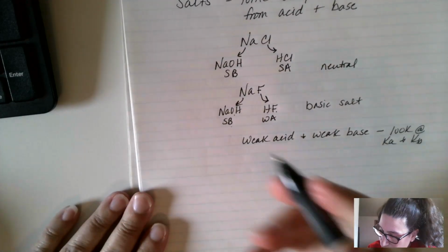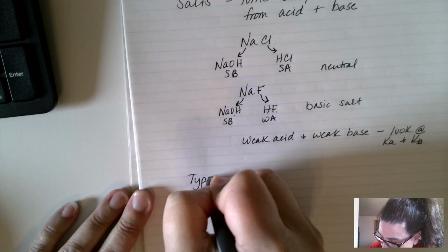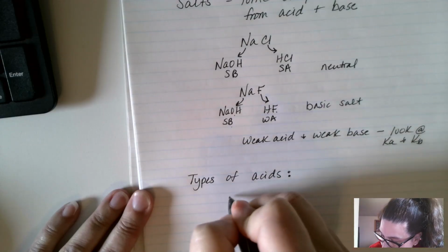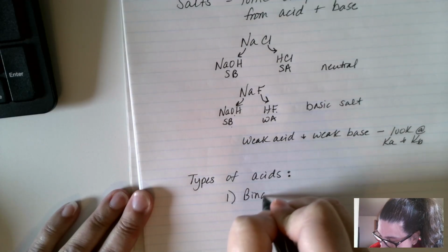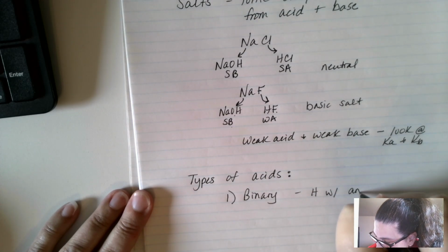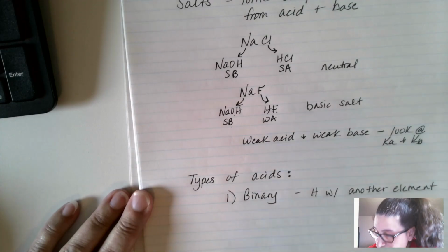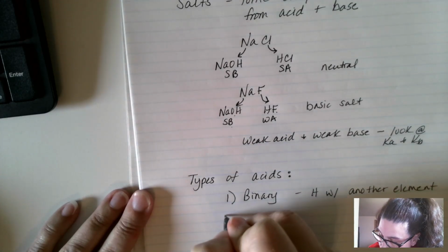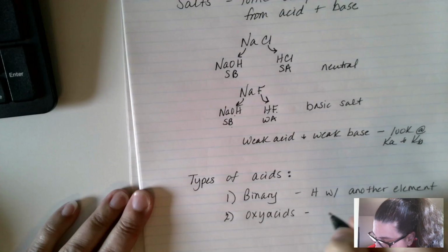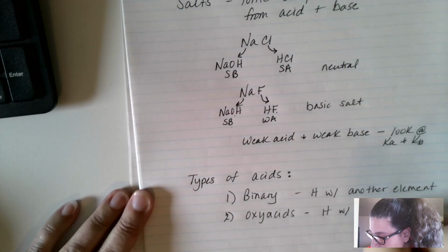Okay, then we're going to take a look at acid strength. We're going to look at different types of acids. We're going to look at binary acids. We're going to look at oxyacids, and these are ones that have oxygen, so it's usually H with a polyatomic ion.